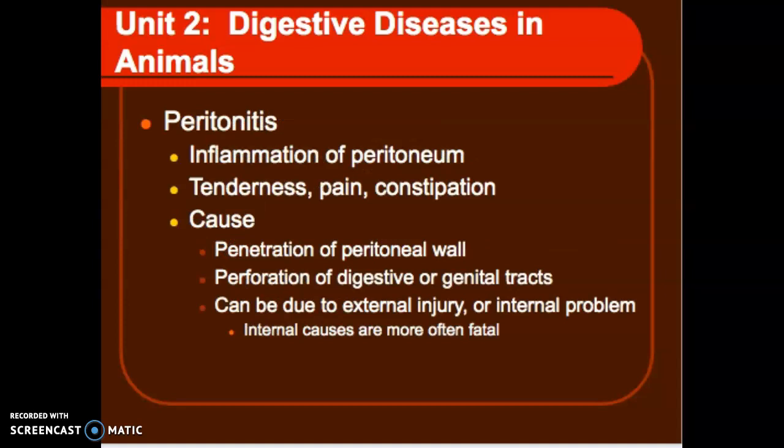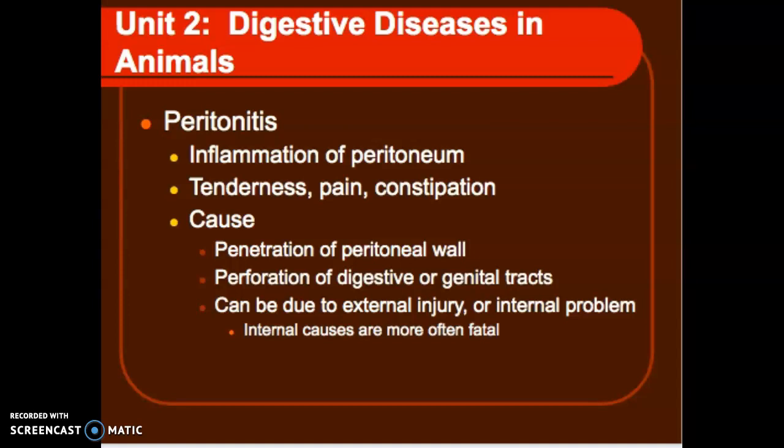A bonus section that we'll have time for in this particular slide set is talking about peritonitis, and again, something generally uncommon and most of the time associated with some other problem. By definition it is an inflammation of the peritoneum.